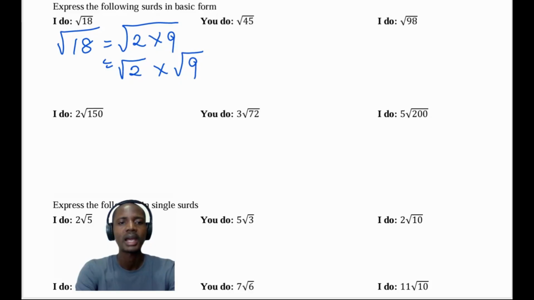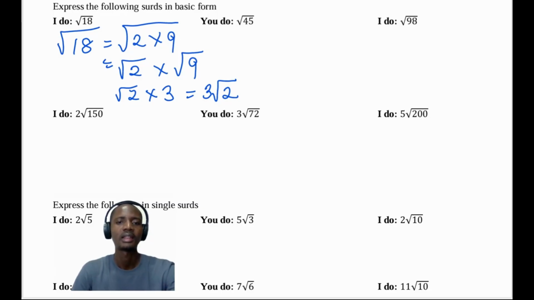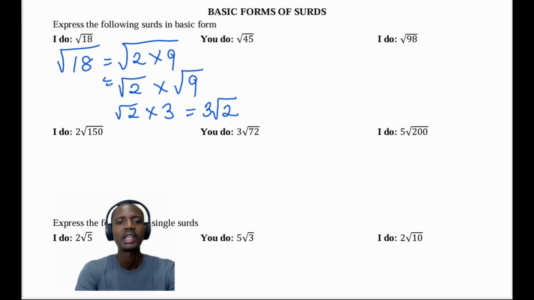So it means I have root 2 times 3, which is equal to 3 root 2. So we have been able to express root 18 in the basic form. So root 18 is equal to 3 root 2. I hope you find that easy enough to do.